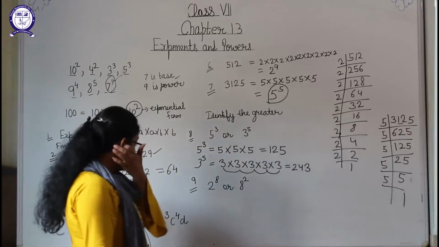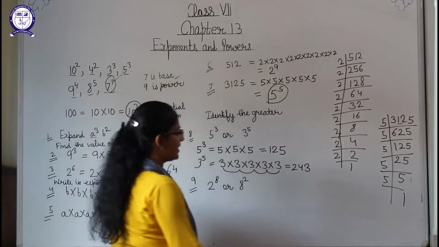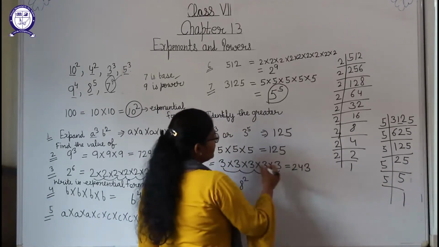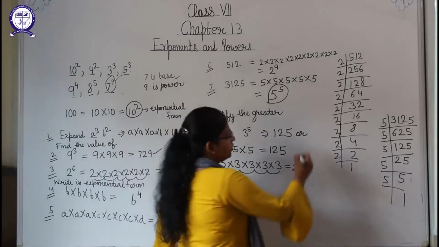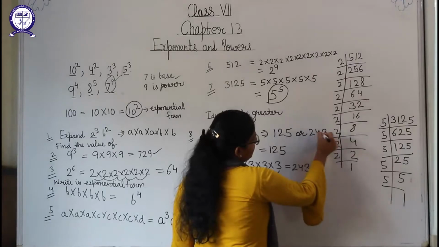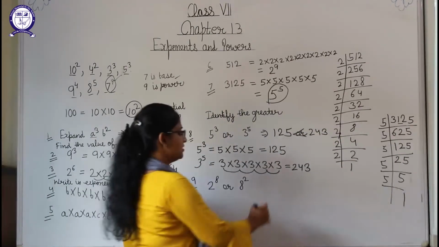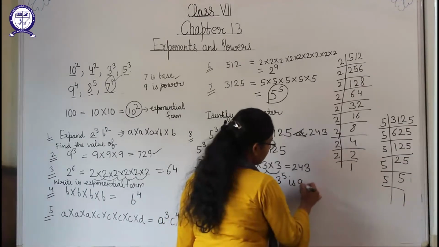Okay, now after solving, for 5 cube we are getting 125, and for 3 raised to the power 5 we are getting 243. So which one is greater? 243 is greater. It means we will write that 3 raised to the power 5 is greater.